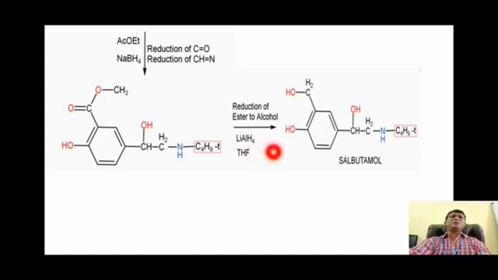It is especially used to reduce only the ester to the alcohol. So, with reaction with lithium aluminum hydride, the ester group, that COOCH3 gets converted into CH2OH. And with this, we will get formation of our title compound, salbutamol.